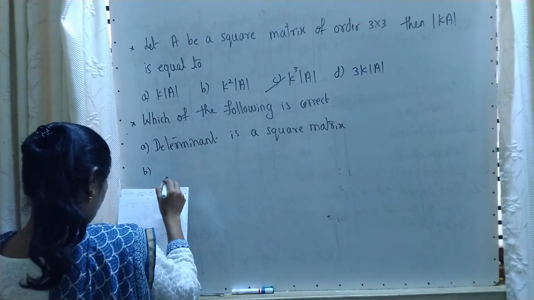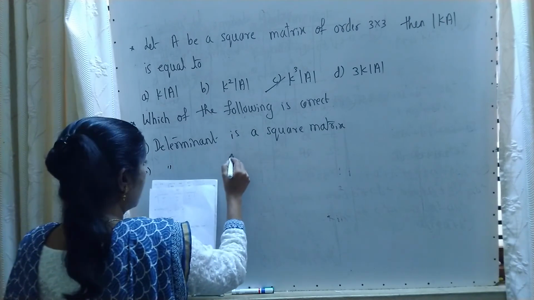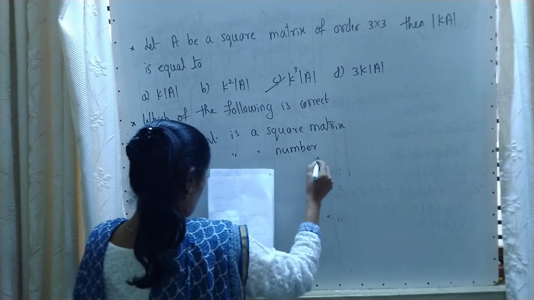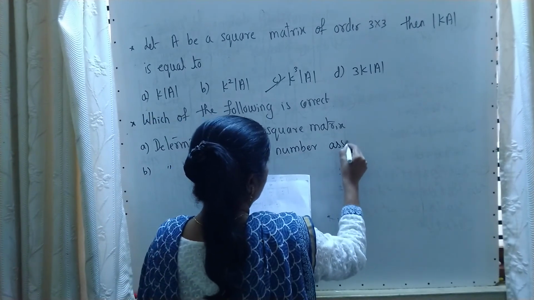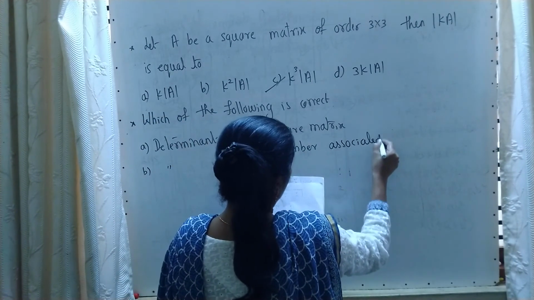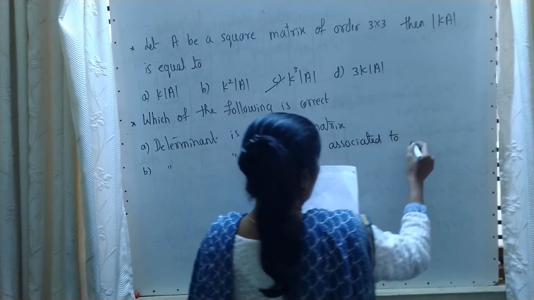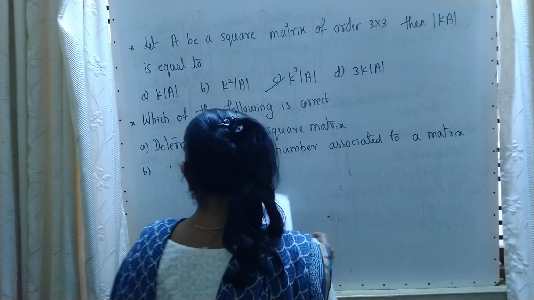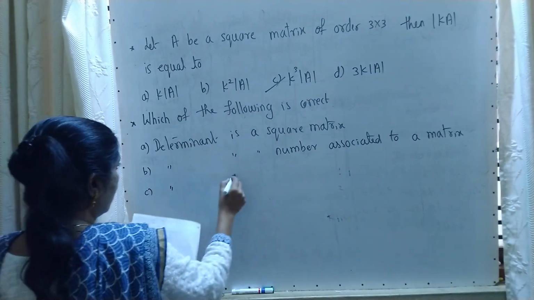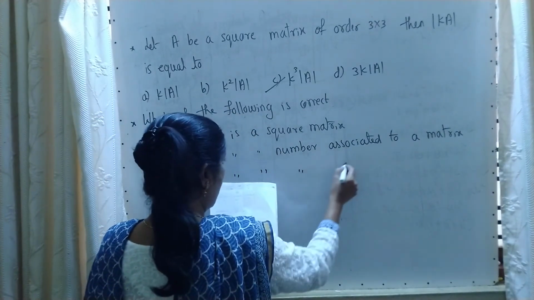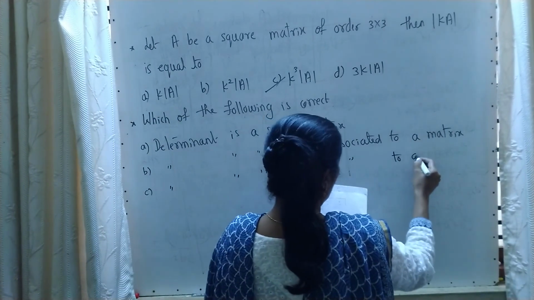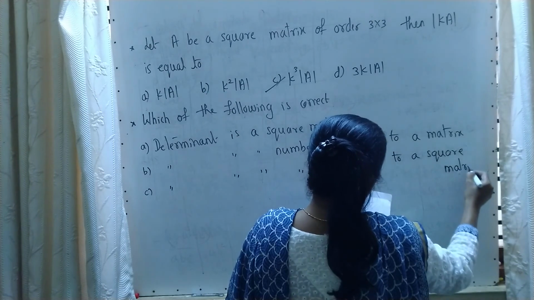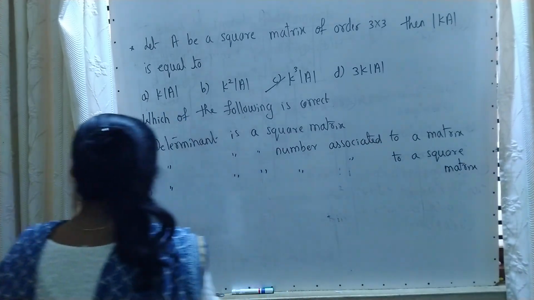Second one, determinant is a number associated to a matrix. Third one, determinant is a number associated to a square matrix. Fourth, none of these.